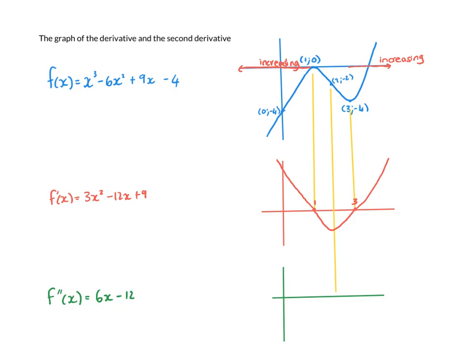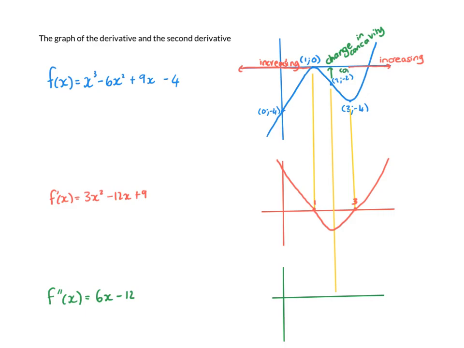Next, let's look at the second derivative. We know that the second derivative is going to be a straight line. On the original graph, my concavity changes when x is 2. That means in my second derivative, I'm going to have y is 0 when x is 2.